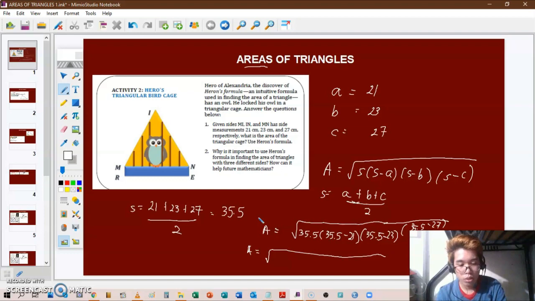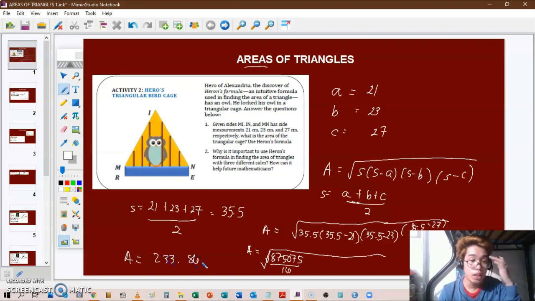Then multiplied by 35.5 minus 27. So we get 875,075 all over 16. We need to get the square root of this fraction, and the square root of this fraction is equal to 233.86.